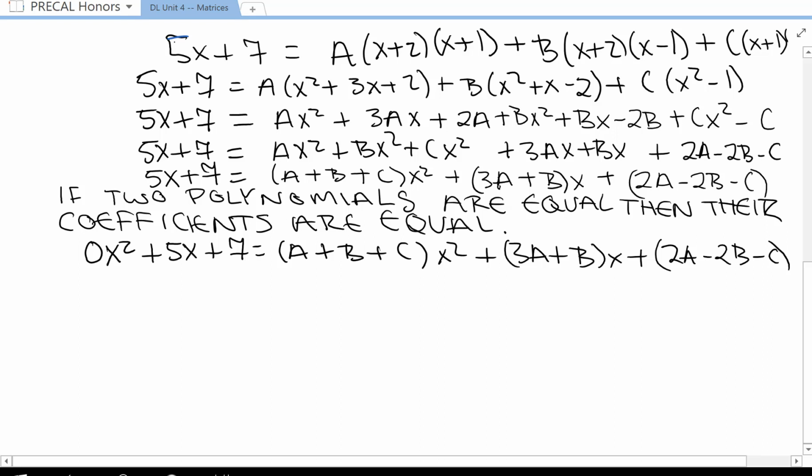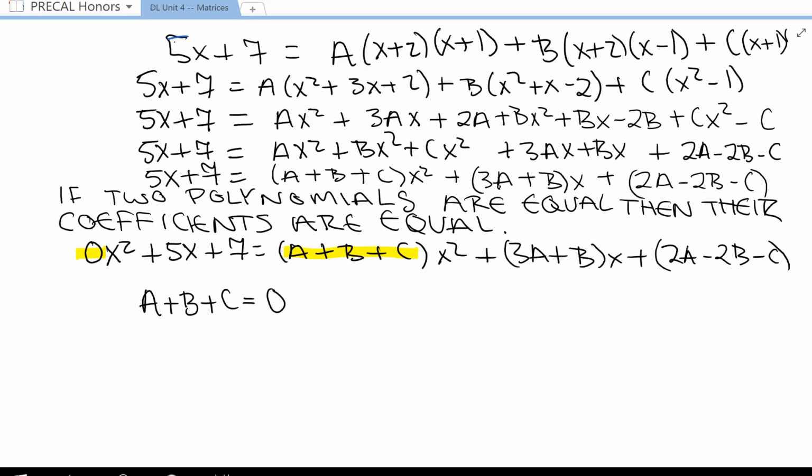That means that a plus b plus c is equal to 0. That means that 3a plus b times x is equal to the 5, because that's what's being multiplied by x.